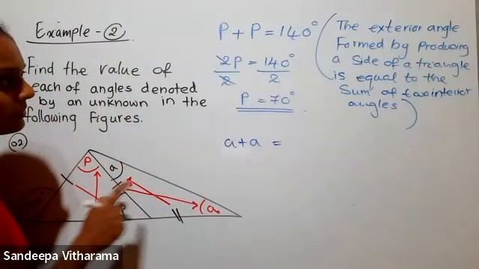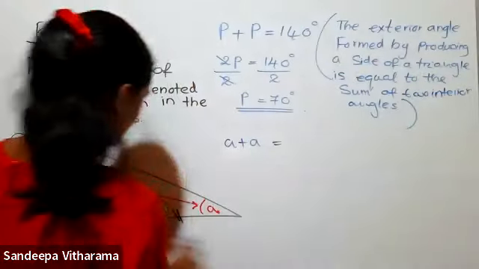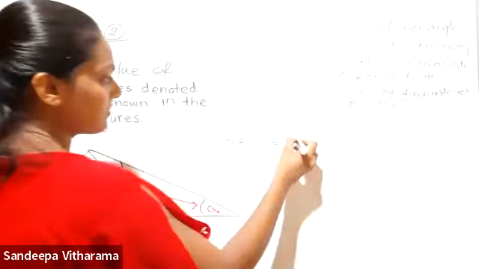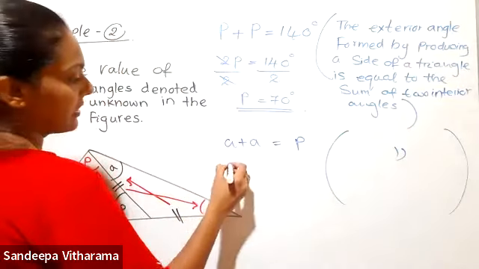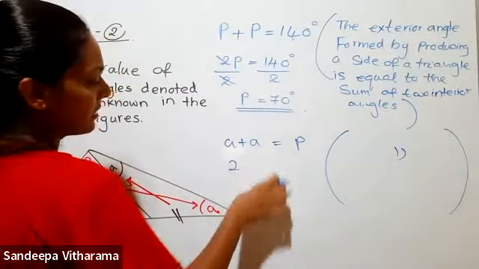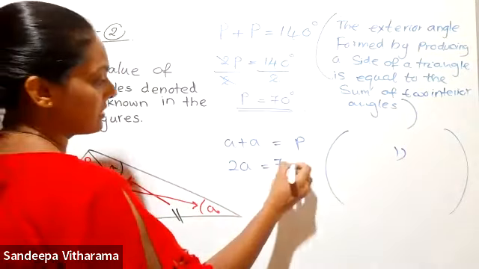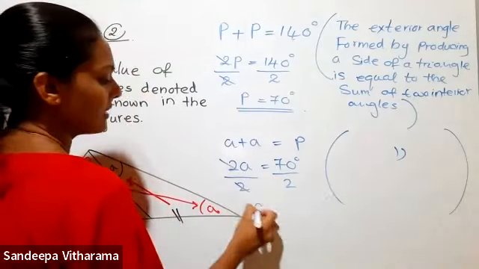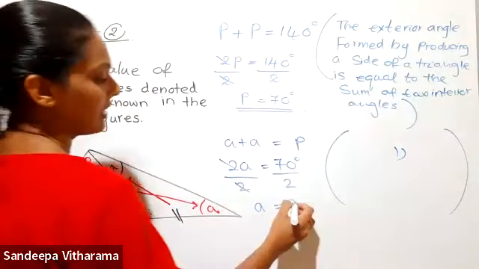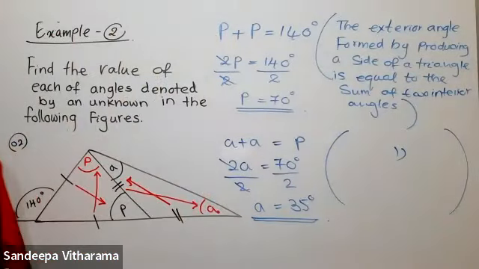By the same reason, A added to A equals C. The reason is the same. Then 2A equals P, which is 70. To find A, divide both sides by 2. Then A equals 35 degrees.